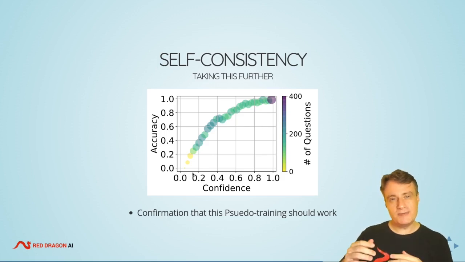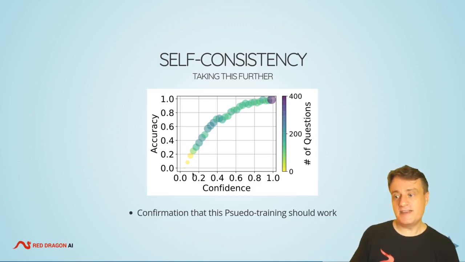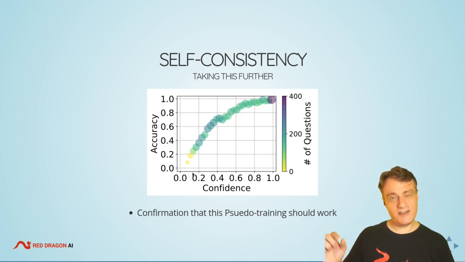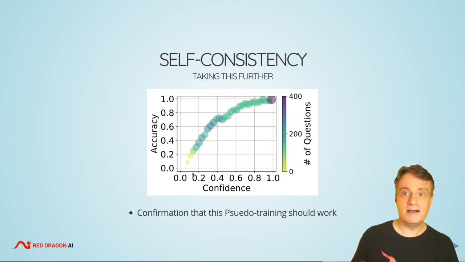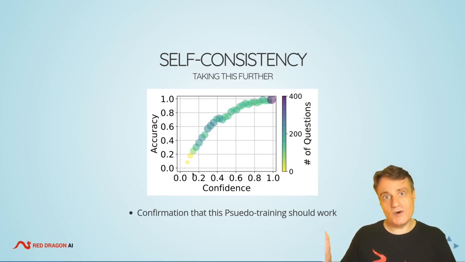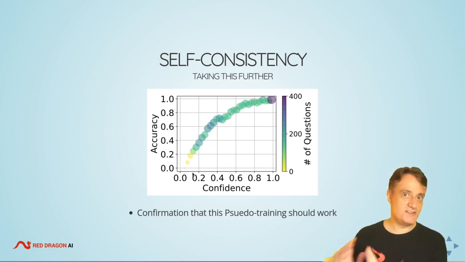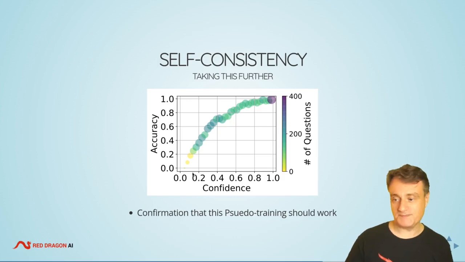So once the models are big enough in size, they turn out to be well calibrated, in as much as if they're confident about the answer, and you can measure this by looking at the probability of what they just came up with, you can then say, well, the more confident it is, the more likely it is to be correct. And if we take lots of samples of this, and rank them or whatever, we can actually come up with things which are correct more often than not.